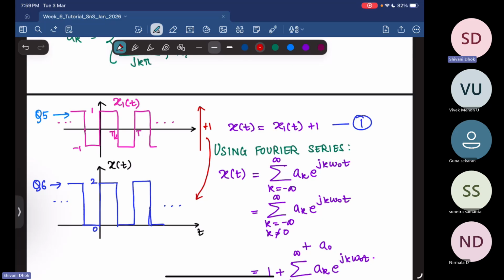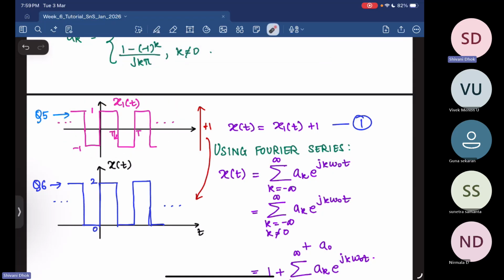So this is adding a constant shift, or a DC shift, to your originally periodic signal x1 of t. And the DC component in this x1 of t, which is given by your 0th frequency harmonic, that is k omega naught for k equal to 0, the Fourier series coefficient was equal to 0. So there was no DC shift in the signal.